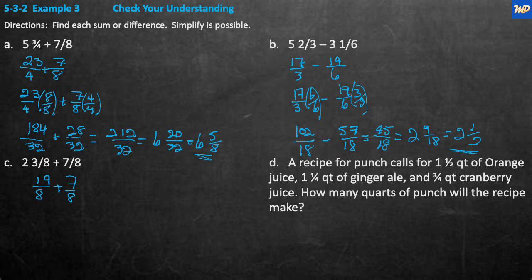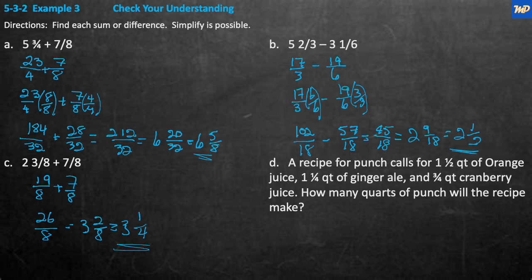So we're going to add 19 and 7, which gives us 26 over 8. Okay, and what does that equal? 8 goes into 26 3 times, so that equals 3, and it's 24, right? 2 8ths equals 3 and 1/4.